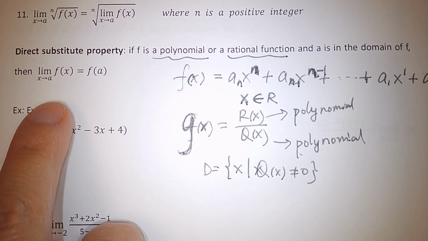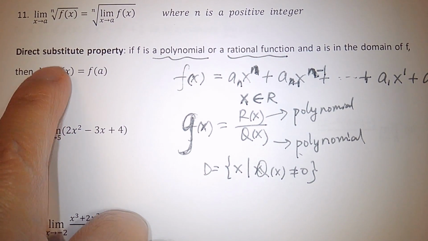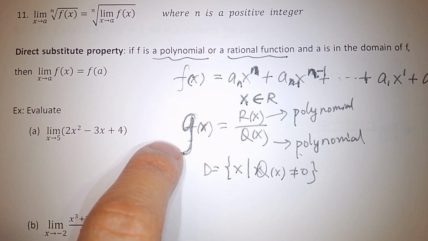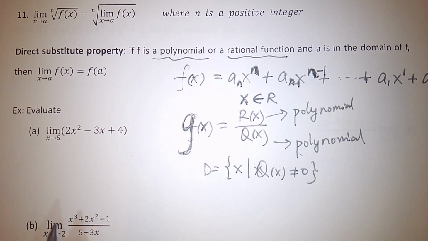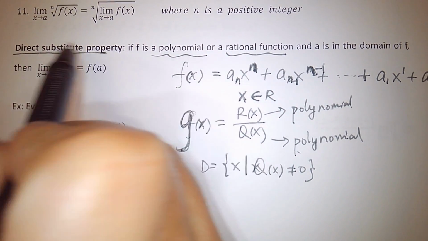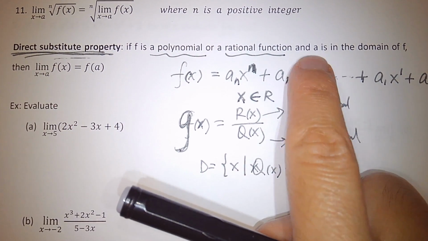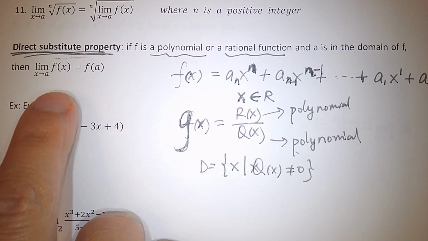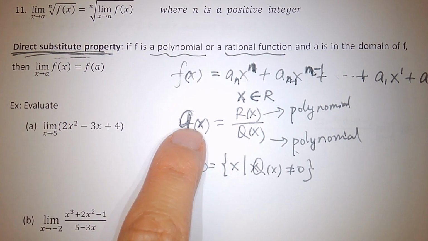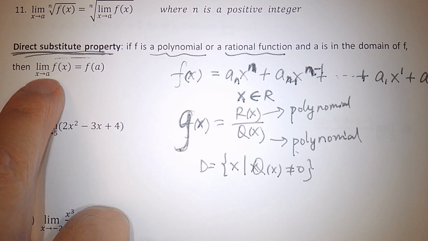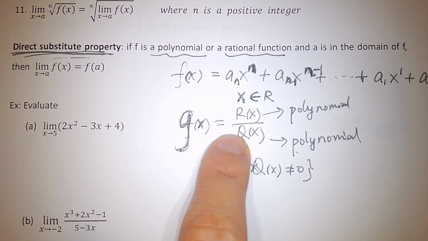But whether it is a polynomial or a rational function, when we need to compute a limit of these types of functions, what do we do? We just use the direct substitution property. Here a is in the domain of g. What does that mean? The value a will not make q of x zero, so q of a cannot be 0.